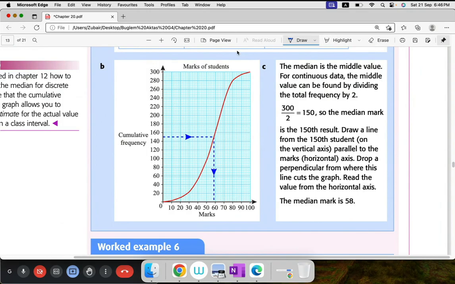When we move further, the examiner would ask about these points as well. This is the 50% point. This is the 25% point. This is the 75% point. You call this the median. We will call these the lower quartile and upper quartile, and sometimes the median is called the middle quartile.